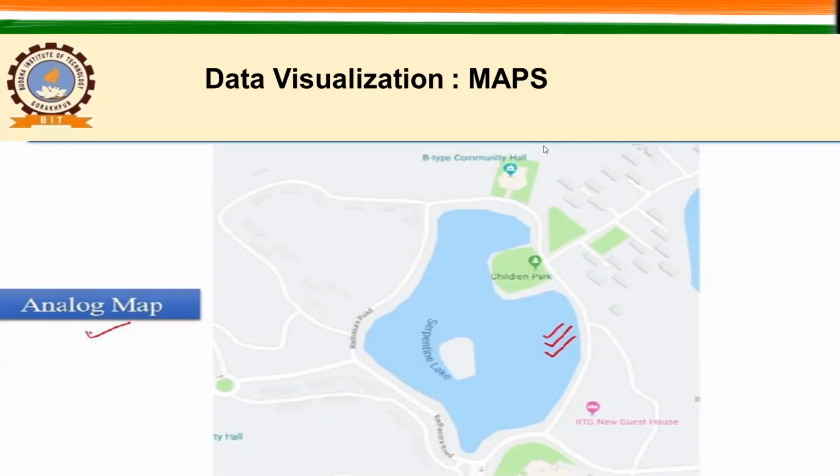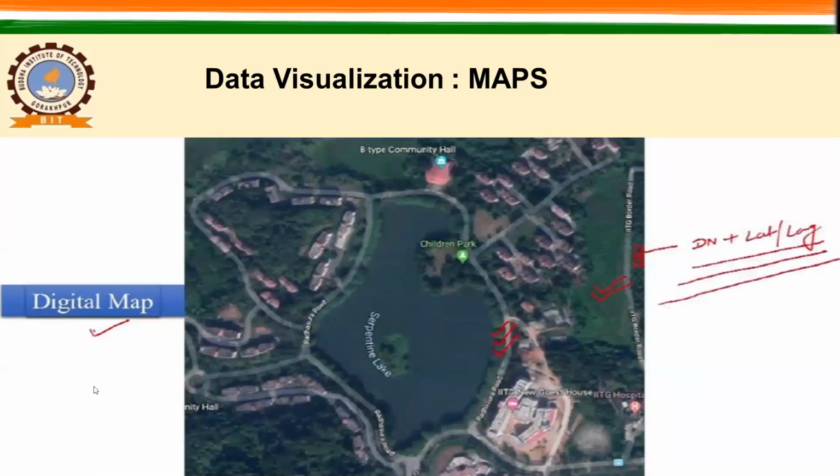But when we are talking about the digital map, जब हम digital map की बात करते हैं, you can see it here. So all these areas have been captured by your satellite. The smallest element of this particular map will be a pixel, right? And when we are involved in remote sensing from space or maybe an airborne sensor, then we have one DN value, and with this DN value, you have latitude and longitude.